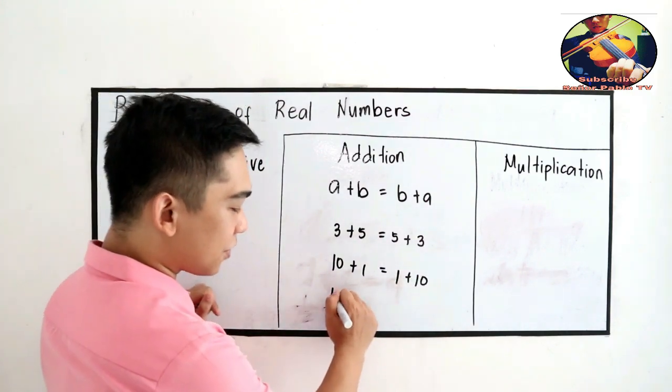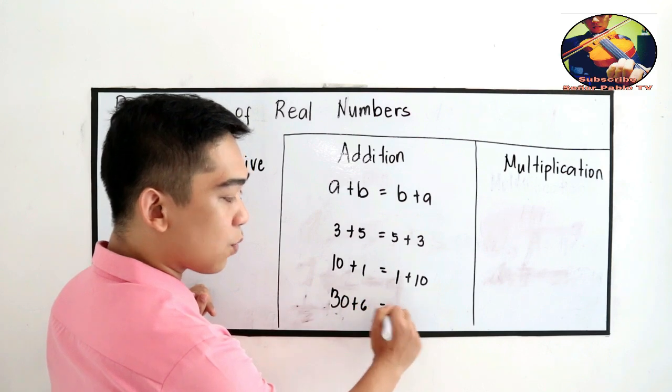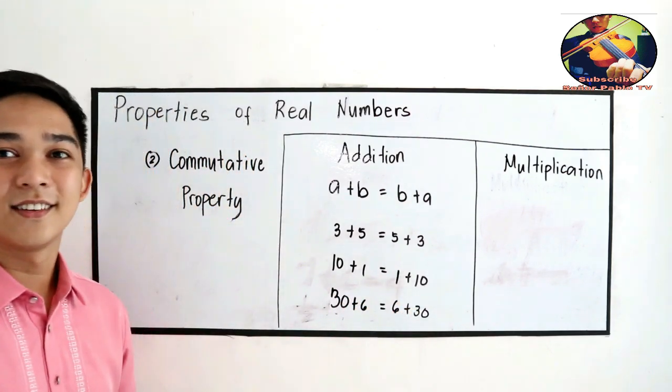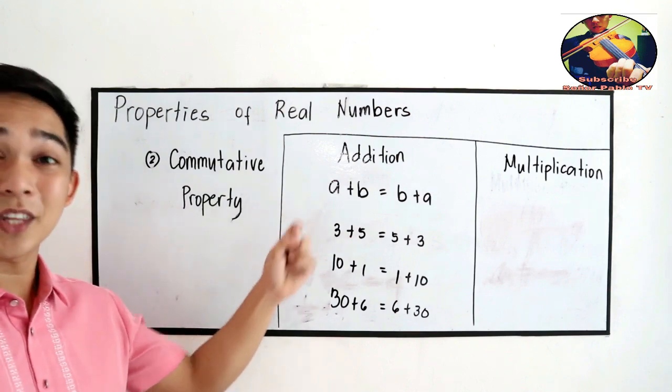Then 30 plus 6 is equal to 6 plus 30. So, isn't it easy, the commutative property of addition.